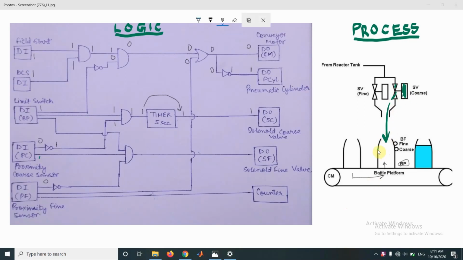After the bottle is 90% filled, it is sensed by the proximity coarse sensor.